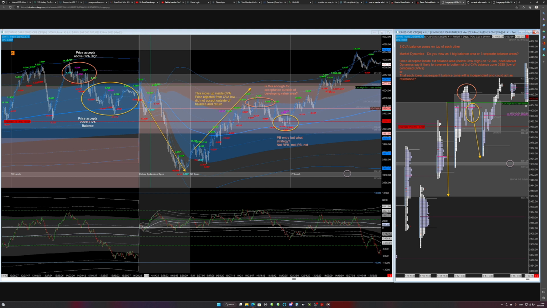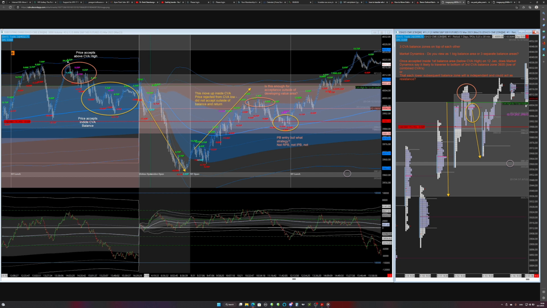When we come back into the area, it looks like, by the rules of market dynamics, you should go long here, and this will be a good trade. Why?